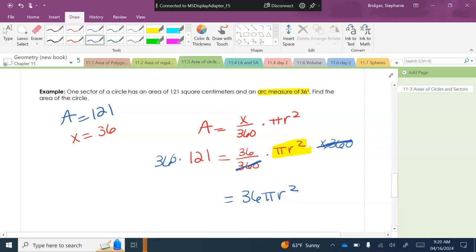And then I need you to do in your calculator 121 times 360. What does that give us? 43,560. So let's write that down.